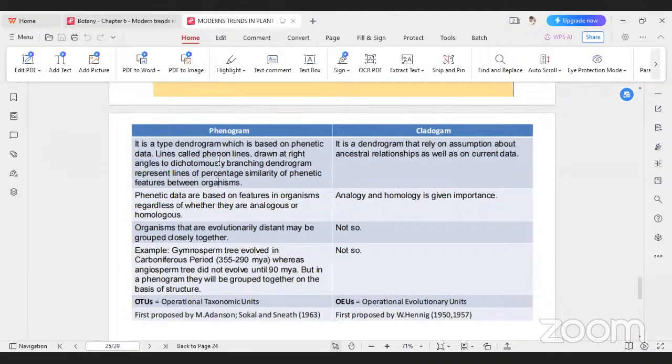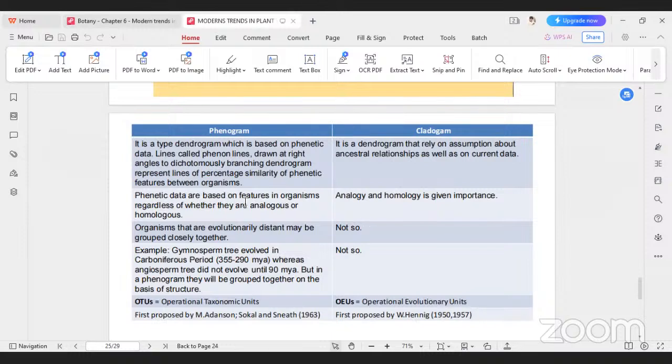The lines called phenon lines, drawn at right angles to the dichotomously branching dendron, represent the percentage similarities, similarities of phenotypic features between the organisms. A cladogram is a dendrogram that relies on an assumption about the ancestral relationship, from one genus to another, from ancestor to current data.